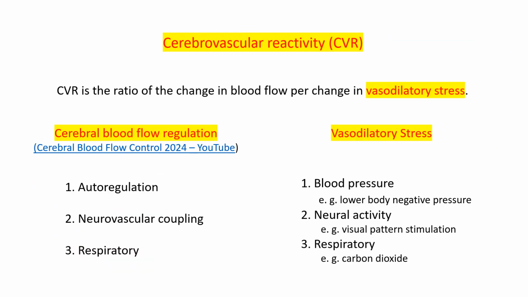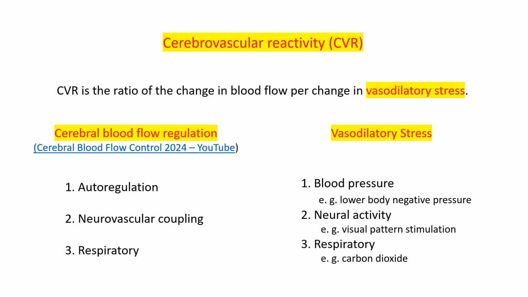The vasodilatory stress used to measure CVR involves overwhelming the normal regulatory systems that control cerebral blood flow. And there are three aspects to this control listed on the left. The first is termed autoregulation, which attempts to maintain blood flow constant in the face of changes in arterial blood pressure.